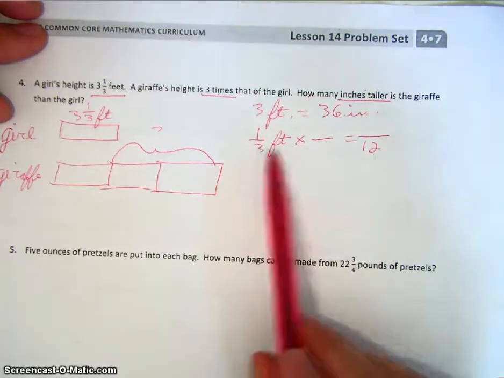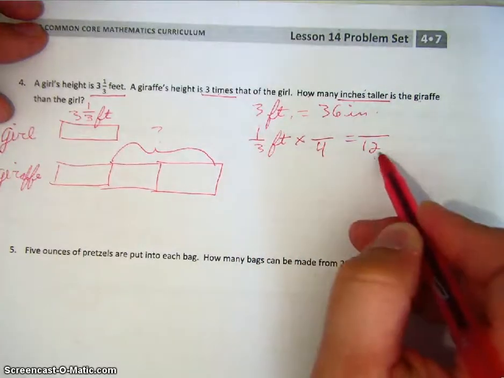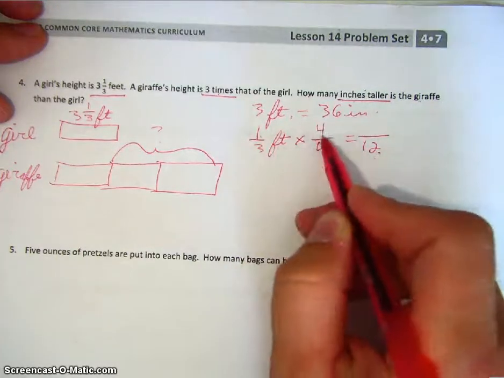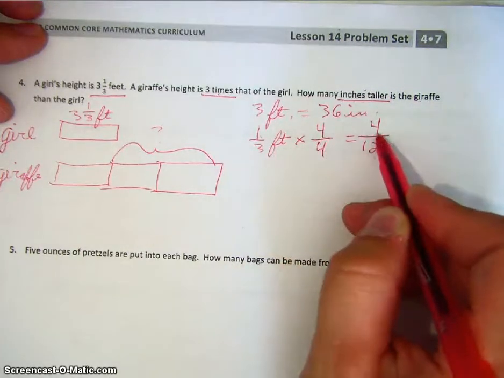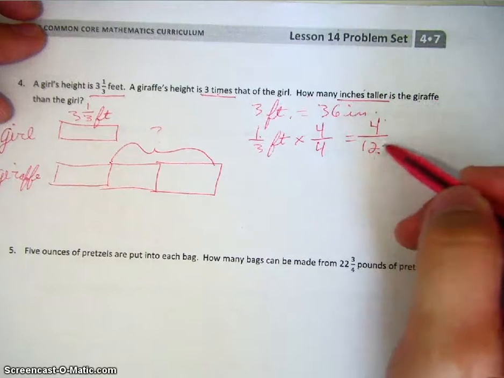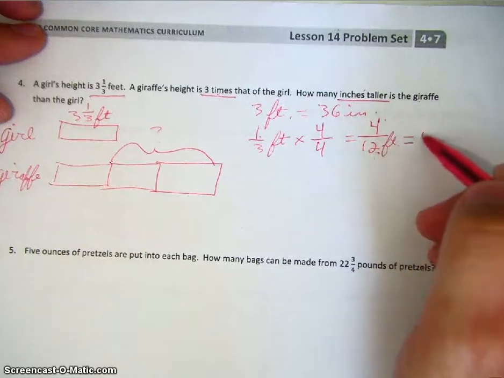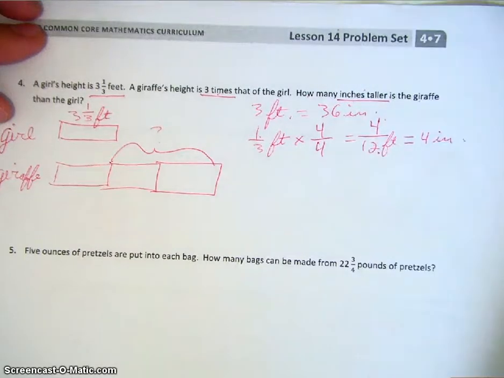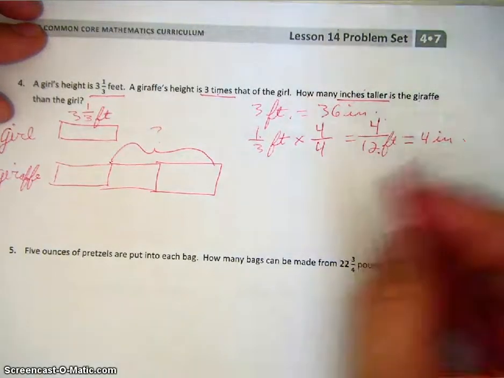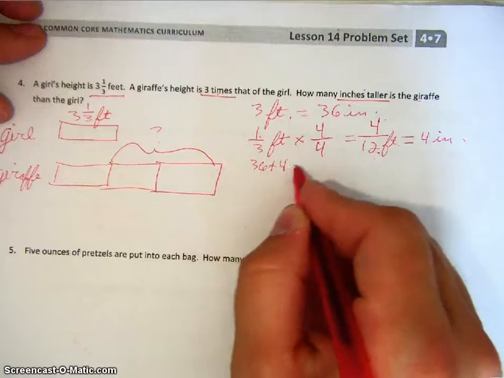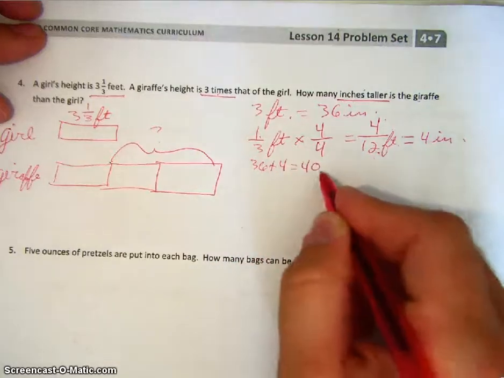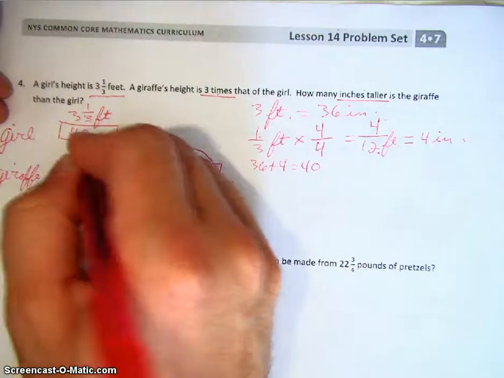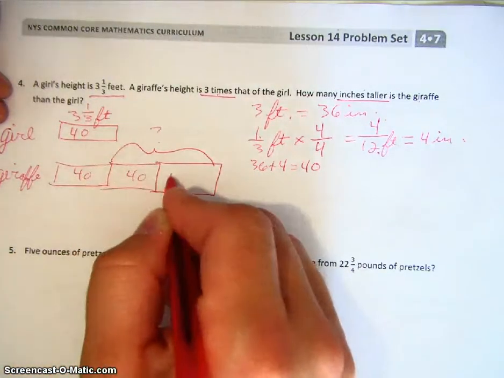So we see that 3 times 4 is 12, so 1 times 4 is 4. So we have 4/12ths of a foot, or 4 inches. So now we can add 36 plus 4, and that gets us 40 inches. So each of these sections is going to be 40 inches.